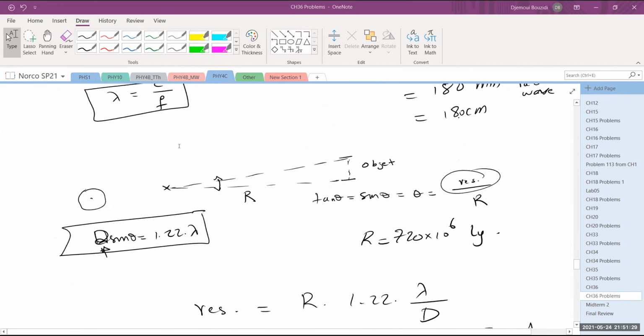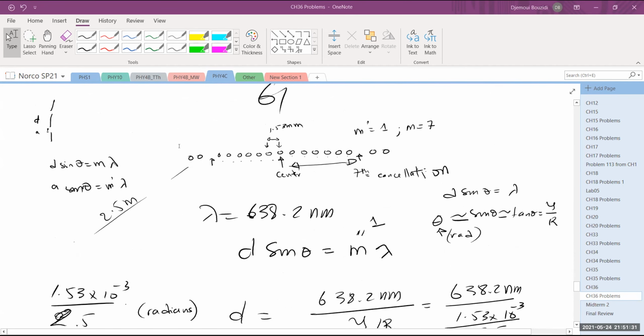Here, this is the central band for the single slit. What he's saying is, if you make a smaller, it grows linearly with 1 over a. Basically, that's what he's saying.